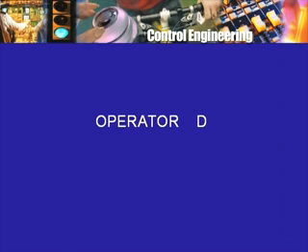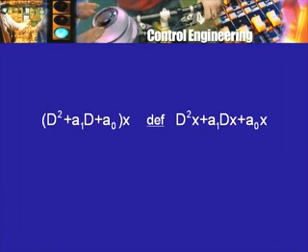Just as the symbol D denotes an operation of derivative taking place on the function x to produce the derivative of x, similarly this D square plus a1 D plus a0 is an operation taking place on the function x, and the definition is simply the sum D square x plus a1 Dx plus a0 x.